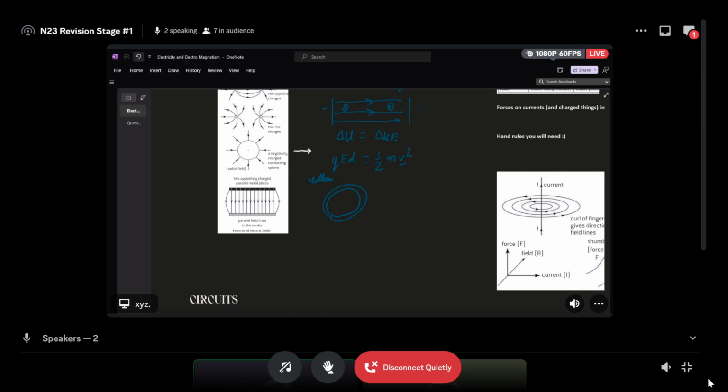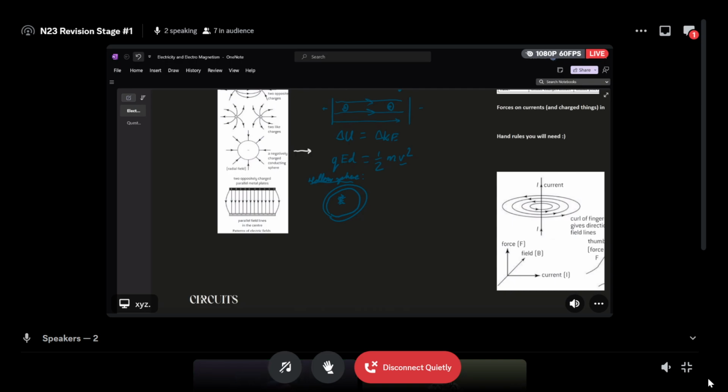In the case of a hollow sphere, there is no electric field inside. And that is a consequence of Gauss's law.